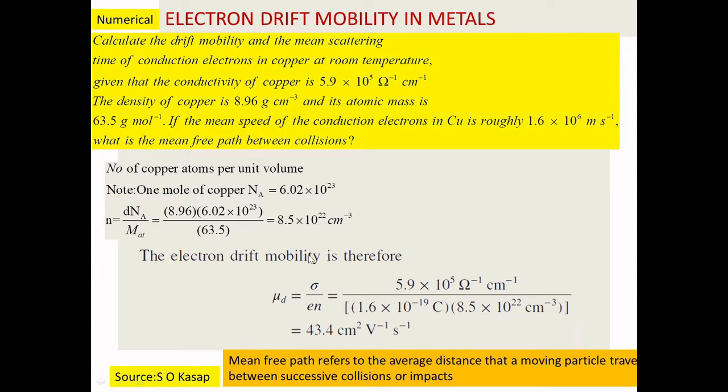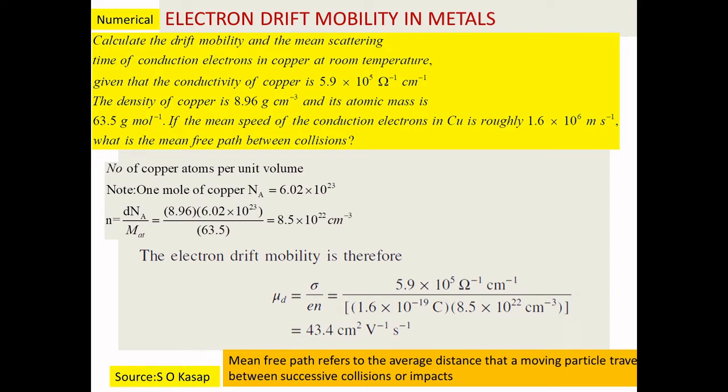Now I want to find the electron drift mobility. The drift mobility is calculated by mu equals sigma divided by e into n. Sigma denotes your conductivity, small e denotes the charge of the electron, and n is the concentration of electrons.